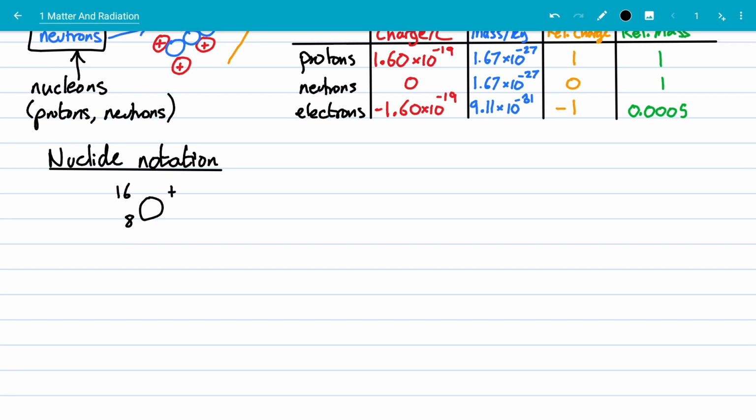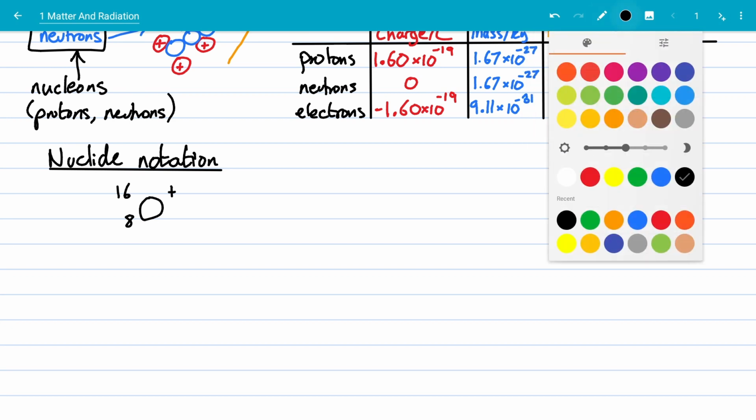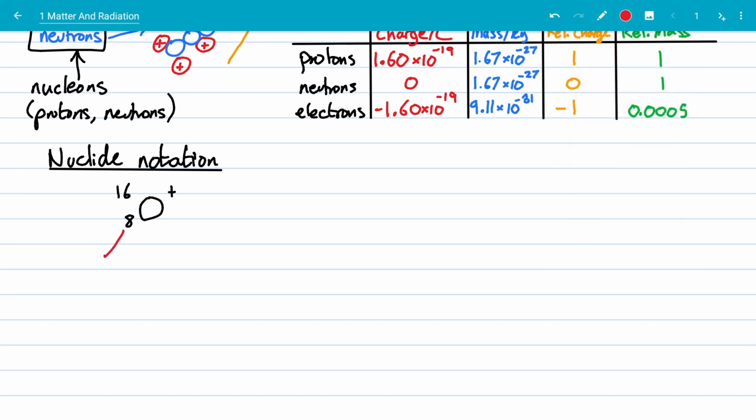And we can break down what the different parts mean. So the bit down here has got some names. It's either called the atomic number, that's what I prefer to call it. Sometimes it's called the proton number. But it is the number of protons found in the nucleus of that atom.